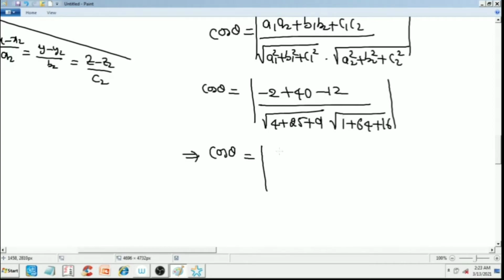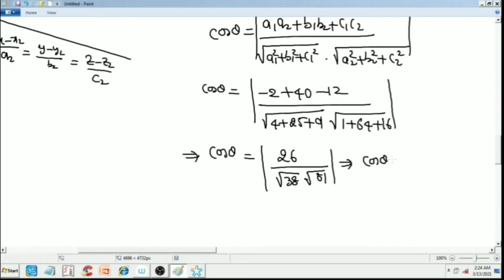So the result will be −2 − 12 is −14, plus 40 is 26. Okay, 26 by root over 4 plus 9 is 13, plus 25 is 38, into this is 65 plus 16, root over 81.